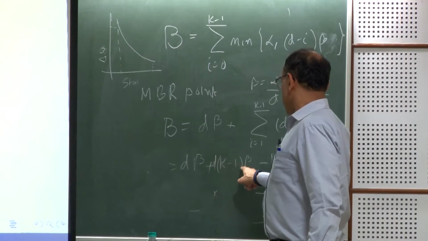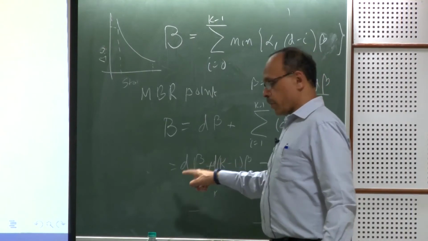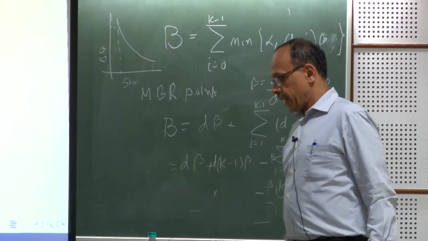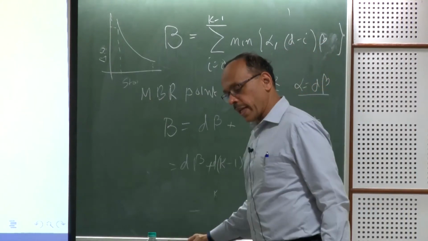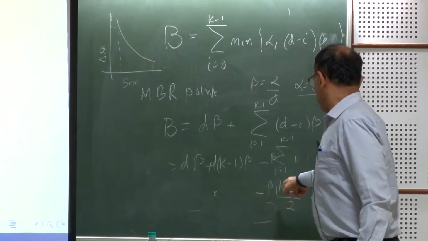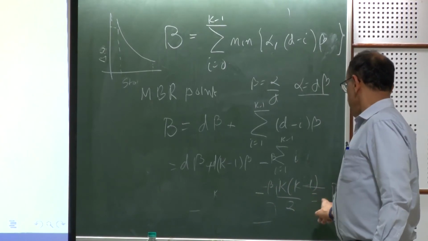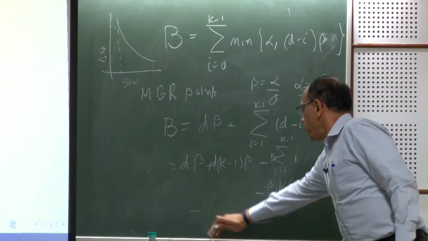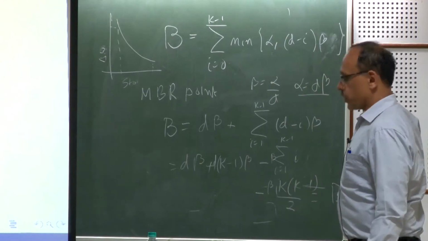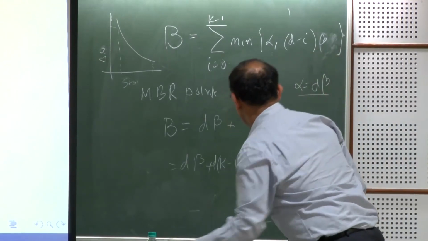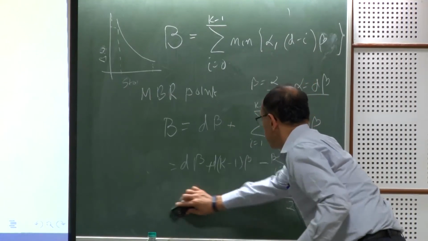So you can actually take now 2 common, and there is a 2 here, and that should be equal to b, right? So you can take out 2 common.